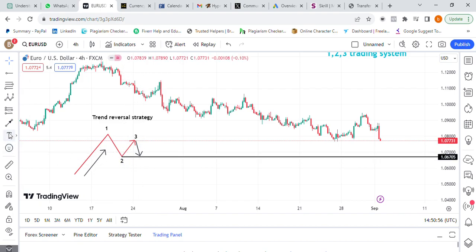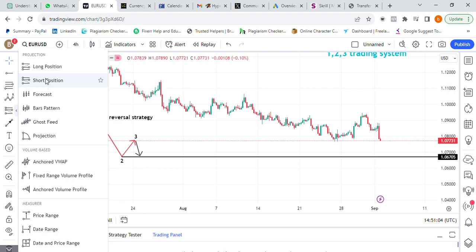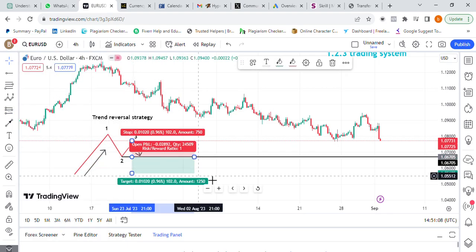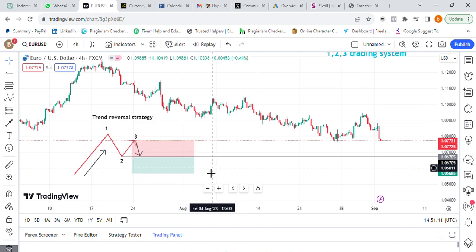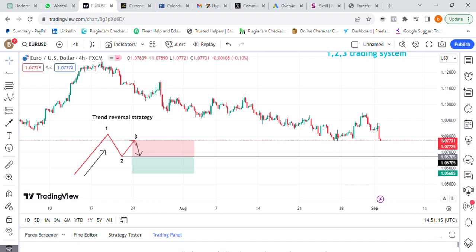So you take your sell trade here. This is a short position. You take a short position at this point, for an uptrend.